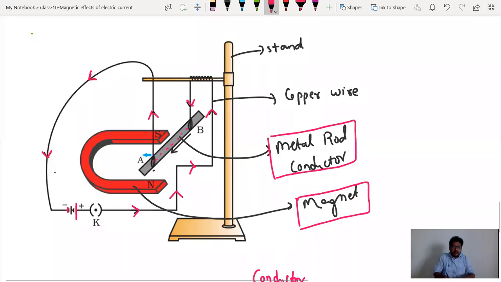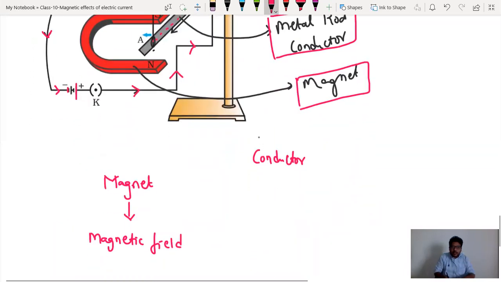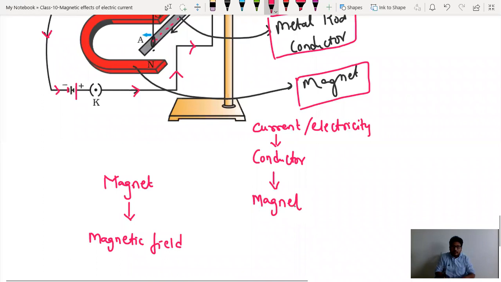So simply to say, you are passing current through conductor. Current or electricity? If you pass electricity through conductor, conductor behaves like magnet. So when conductor is behaving like magnet, around this magnet what will be present?